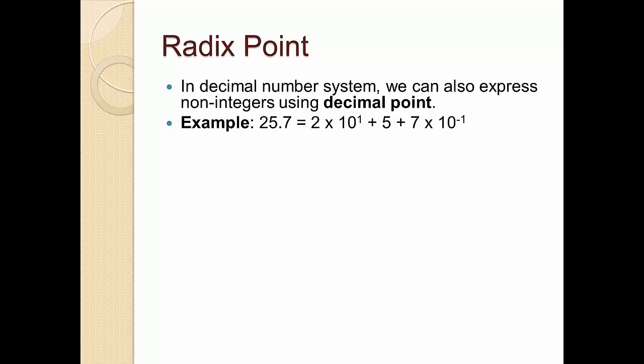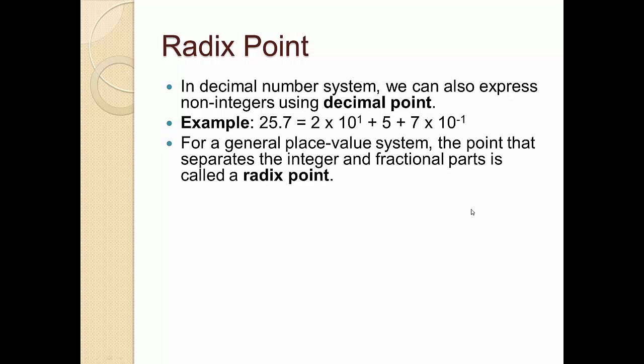The decimal point is used for separating the integer and fractional parts. The digits on the right-hand side of the decimal point have negative powers of 10 as their place values. That is to say, the right-hand side is the fractional part.